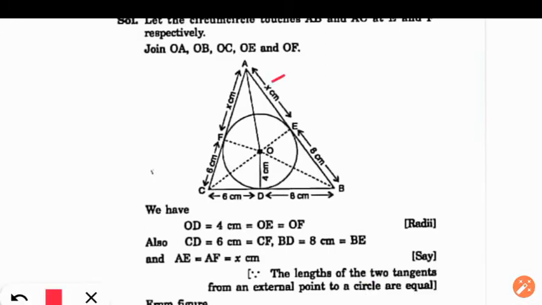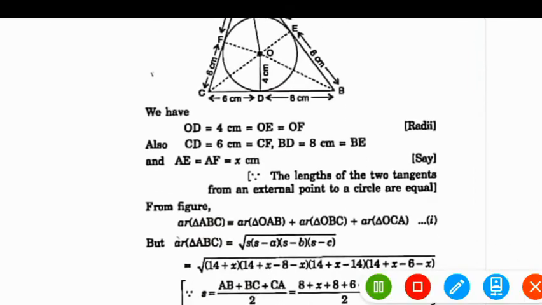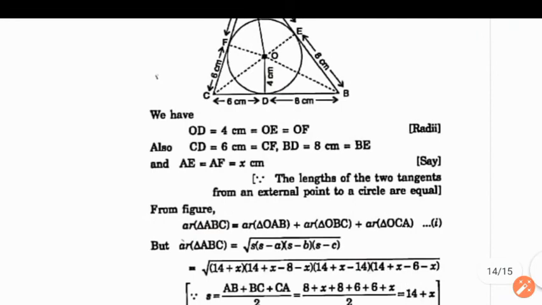You can see the figure, x centimeters, x centimeters. This is what I have written, and I have given the reason also, that the lengths of two tangents from an external point to a circle are equal.